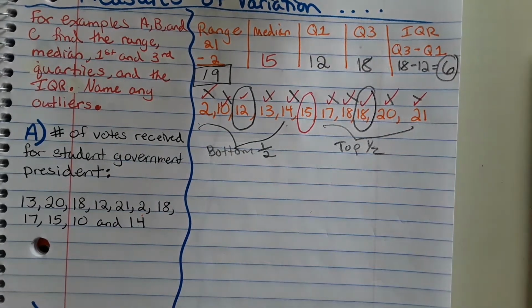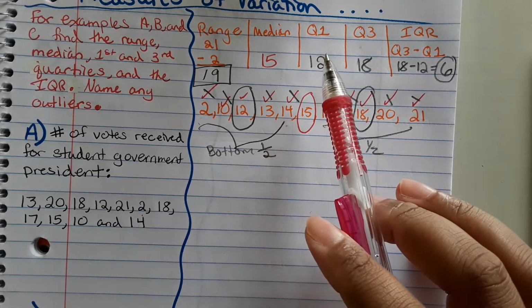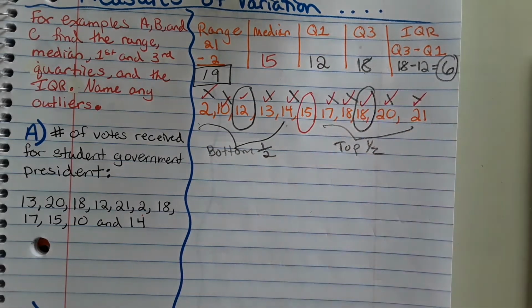There's my IQR. It's that simple. All right. From there, all that's left is to see if we have an outlier. But I'm going to come back to that in the next part. So right now, let's just worry about finding range, median, quartile 1, quartile 3, and our IQR. We'll come back to the outlier.